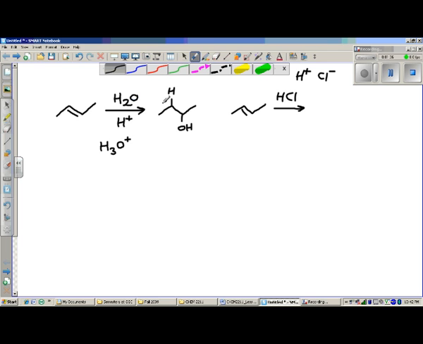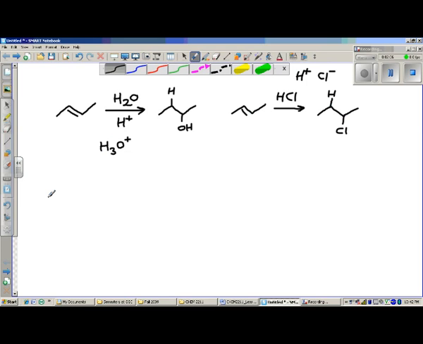And through a mechanism that's very similar to this one, in fact a little bit less complex, we have a similar situation where both of these two species add across the double bond, and because the starting alkene is essentially symmetrical, it doesn't matter which group goes where. In other words, where the chlorine goes or where the hydrogen goes, they both go on the carbons that were originally present in the double bond, but it just doesn't matter which.